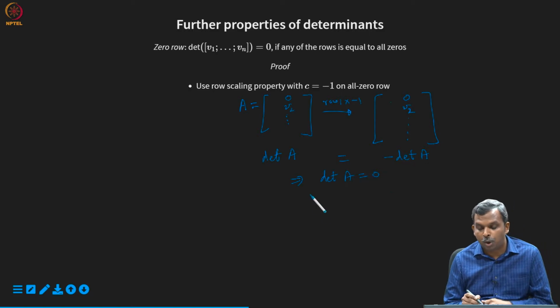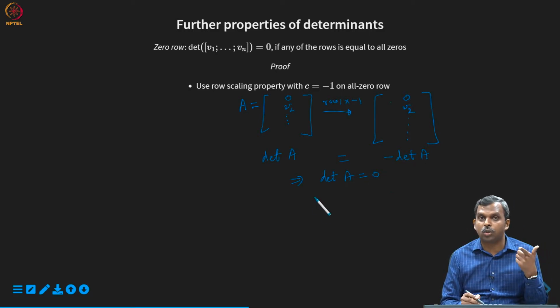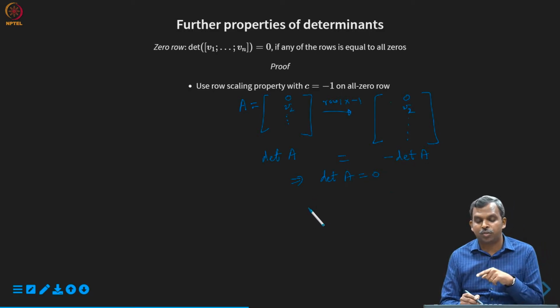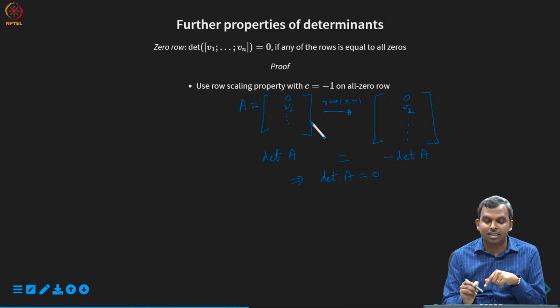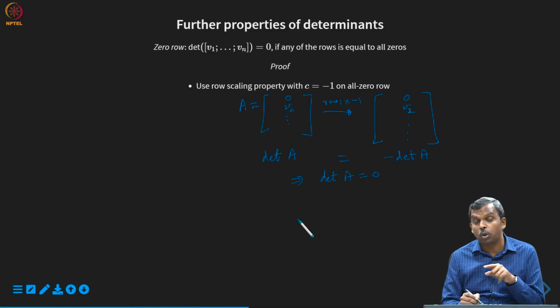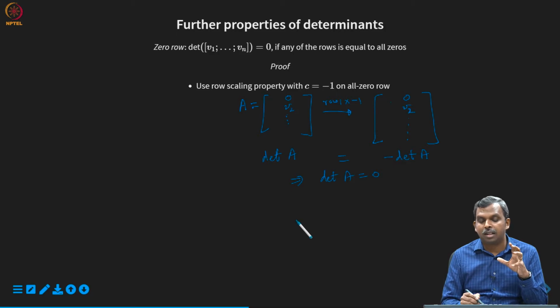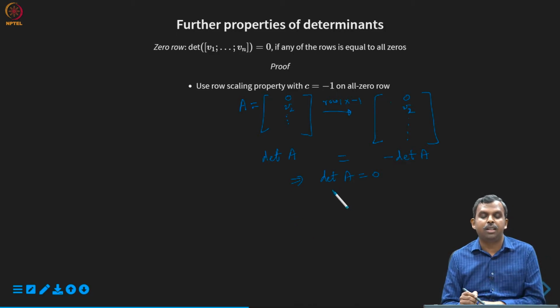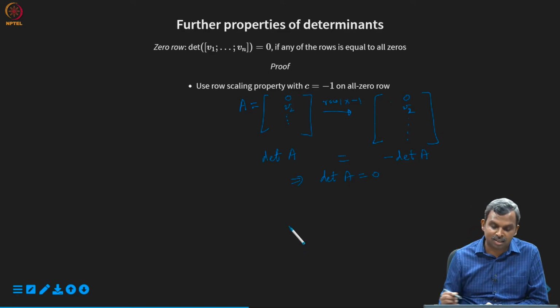So the property that scaling of rows results in the scaling of the determinant enforces this result. If you have an all 0 row in your matrix, that matrix's determinant has to be 0. So that's a property that one can quickly derive. That's the 0 row property, as I call it.